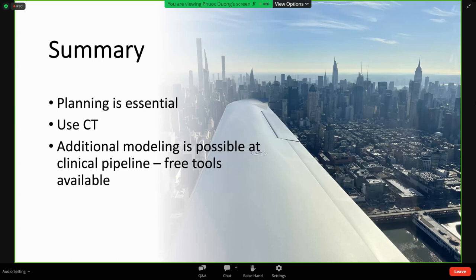I showed a lot of beautiful pictures earlier on, but a lot of those were actually produced with free software when you reconstruct and process them. So with good training, we can provide a good service towards the management of these infants, and the team can hopefully appreciate the value of imaging.